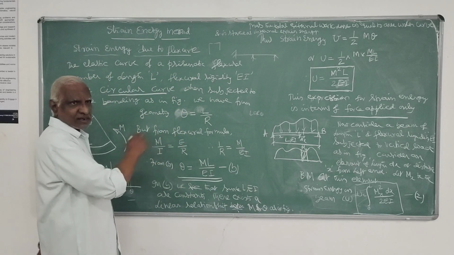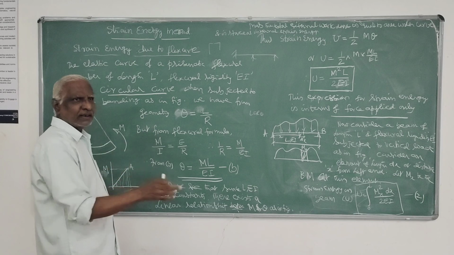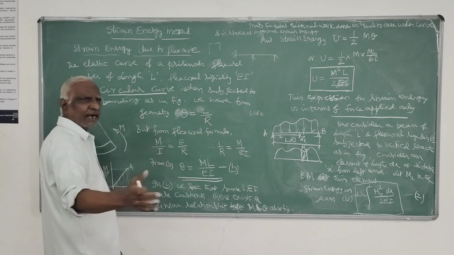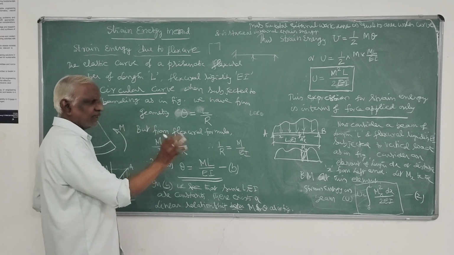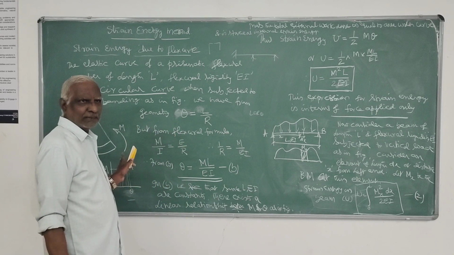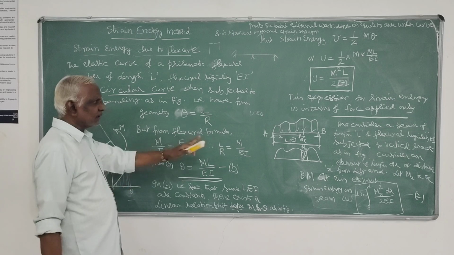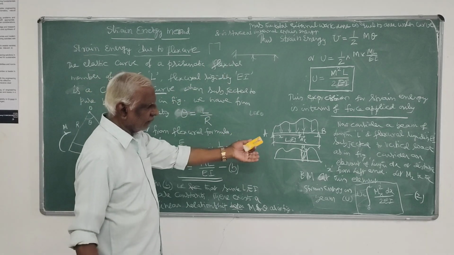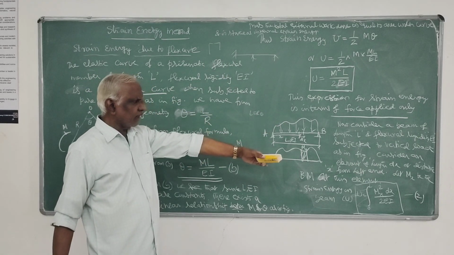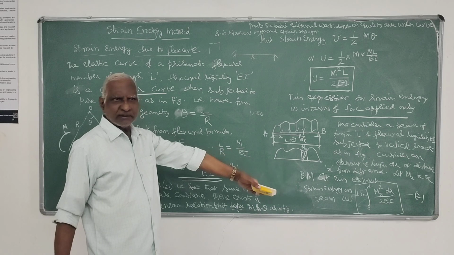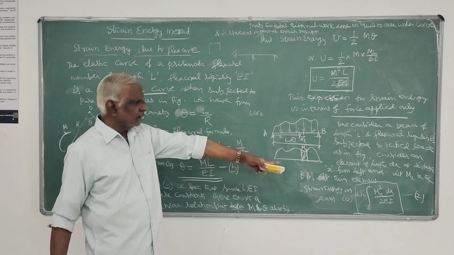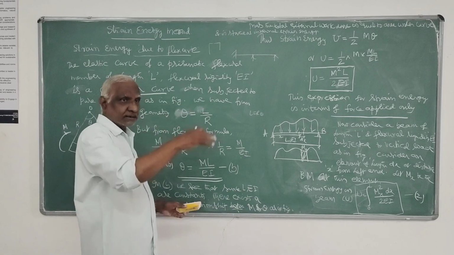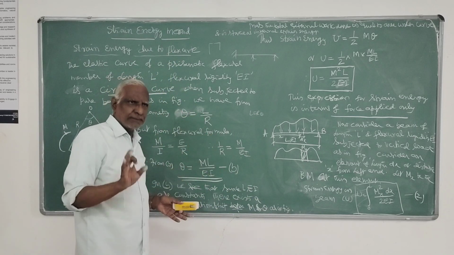Similar to thrust, for each element you can determine by integrating that, and for all you can add, by finding strain energy stored in each element. Is the principle clear? Yes. This is the main thing you have to remember. In an axially loaded member, it is F squared L divided by 2AE. Here it is integral of Mx squared dx by 2EI. And again for the total structure, it is summation.